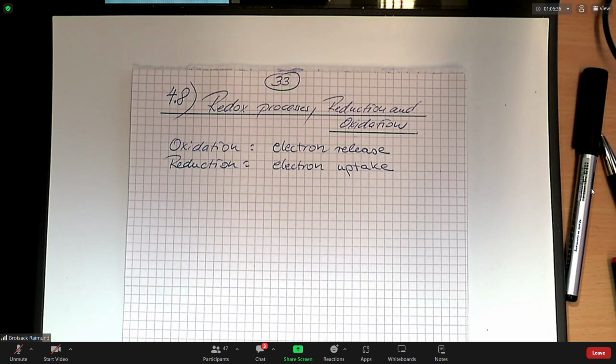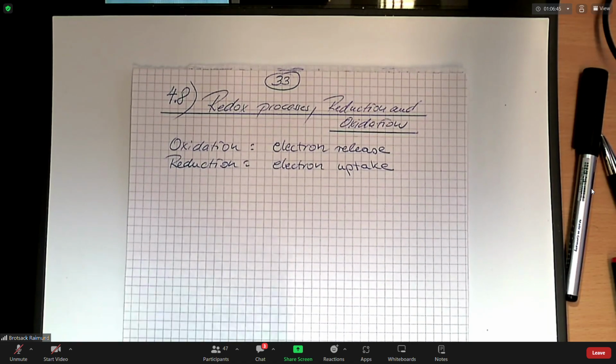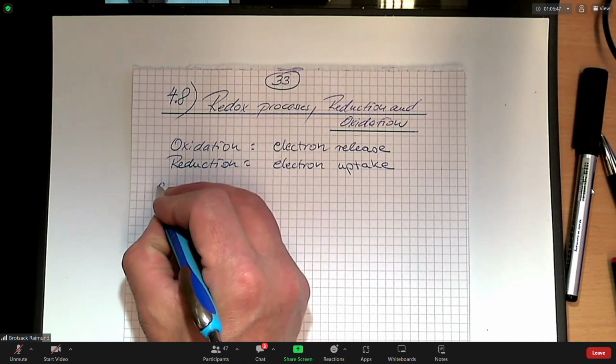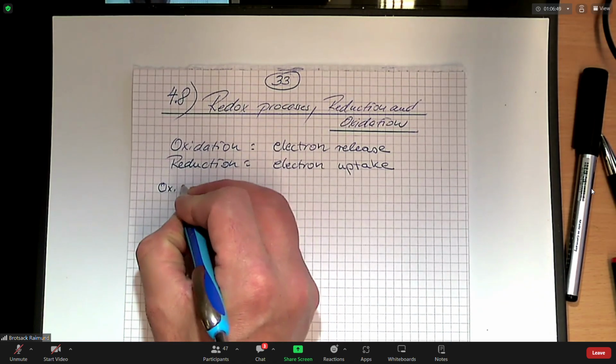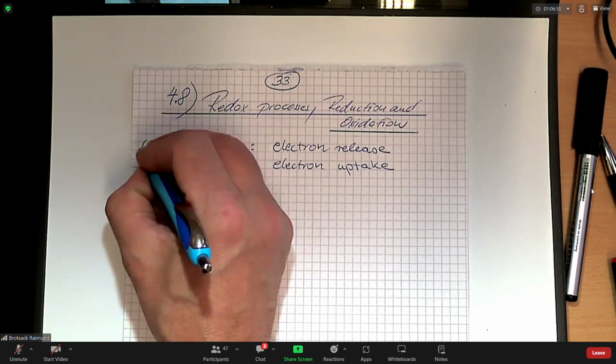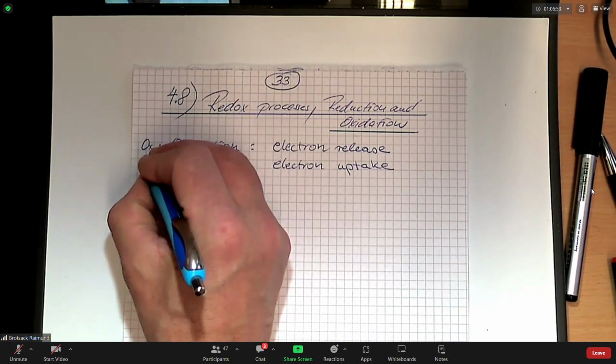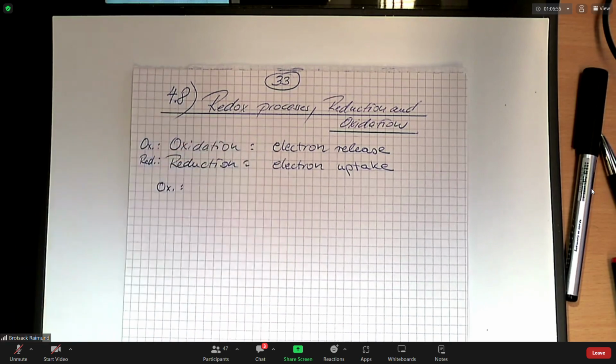So this is really now pure chemistry. We are talking about chemistry dealing with the transfer of electrons. So in general, we have a partial oxidation. We call it ox in future, and red is for the reduction.